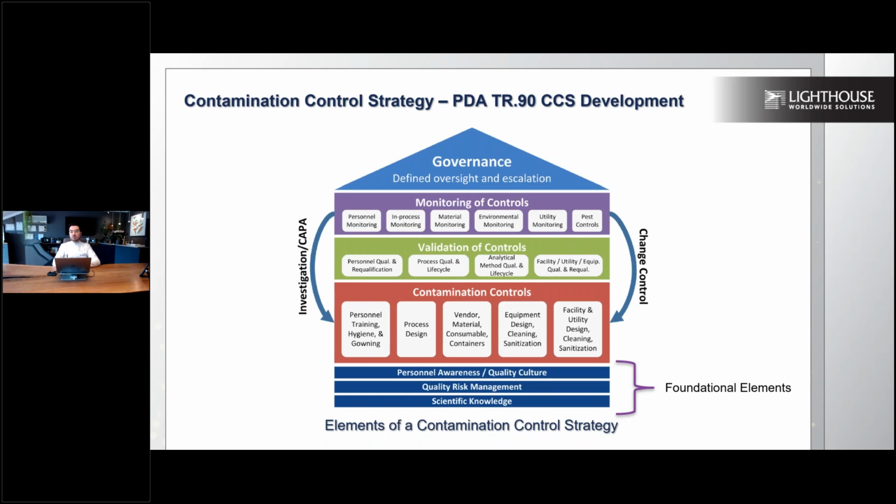You already have these control points, but if you do not monitor them in a certain period of time, then you will not get any output which allows you to find the potential contamination sources. That's why the monitoring on top is another critical step. And on top is the governance, defined oversight and escalation, which is also the roof of our structure.